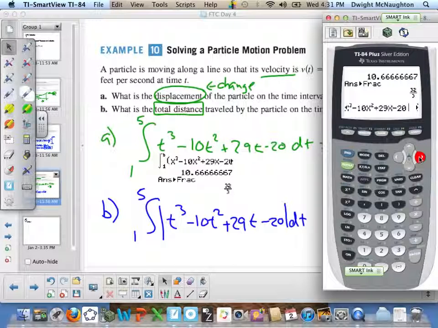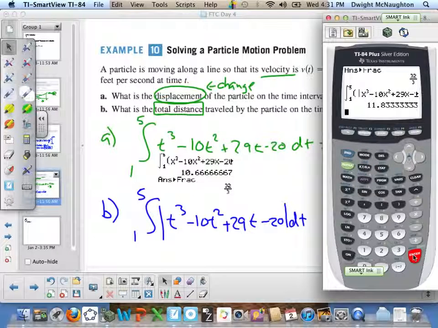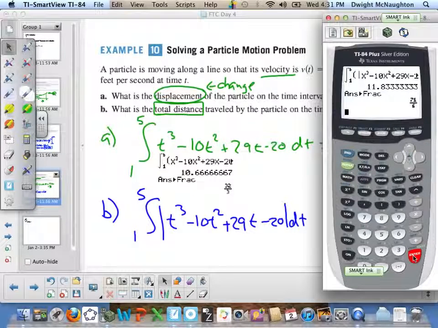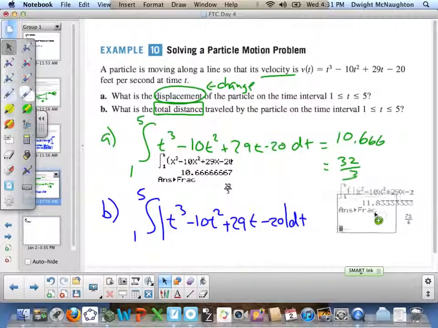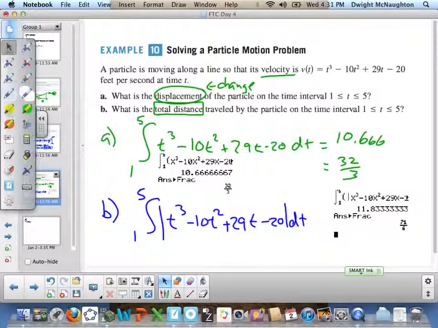Get out of the absolute value with respect to x, and I will see in this case it's 11.883 or 71/6. Remember, the only difference is now we have absolute value to get rid of that particle going backwards and forwards and overlapping on itself.